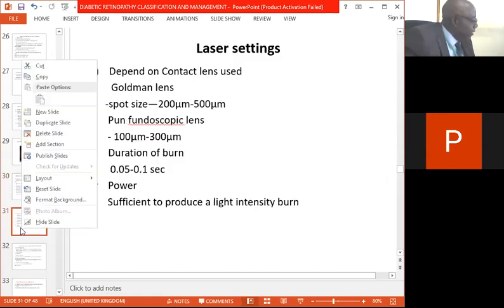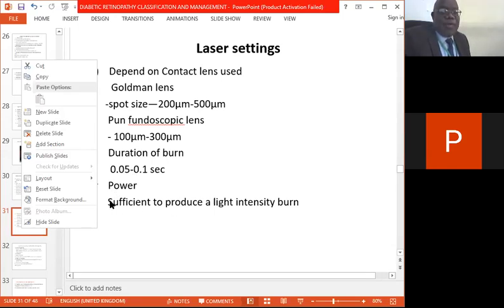These are the laser settings. Depending on the contact lens used, Goldmann lens, spot size that, panfundoscopic lens, spot size will be that, duration of the burn, all these you set, depending on the laser, the lens you are going to use. Power, so much.